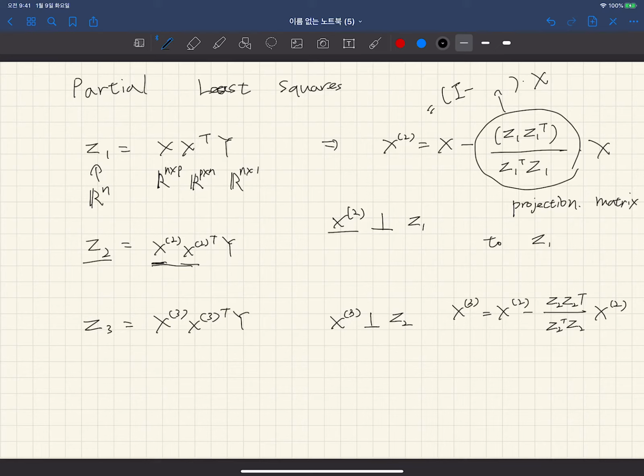Then X3 is orthogonal to G2. And one other remark is, because X2 is orthogonal to G1, this is naturally orthogonal to G1 as well. So basically, G3 is orthogonal to G1 and orthogonal to G2. So you can define up to Gm in this way.